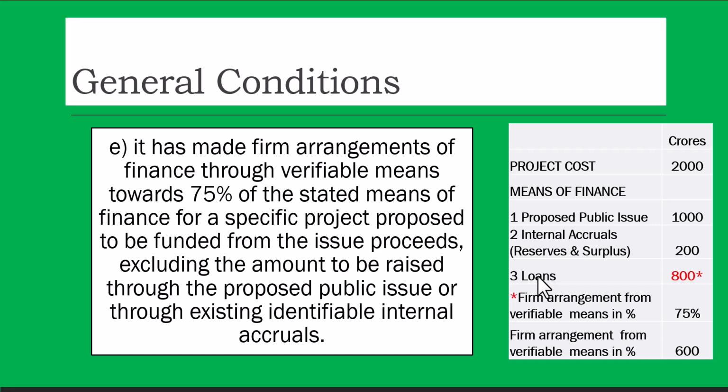So for the 800 crores, they have to get a firm arrangement for 75%. Barring these, only the loan portion, out of that 75%, they should have a confirmed letter from the bank or from the institution who is funding them, that they are going to get 75% from that particular bank. Have you followed, Shubhangini?